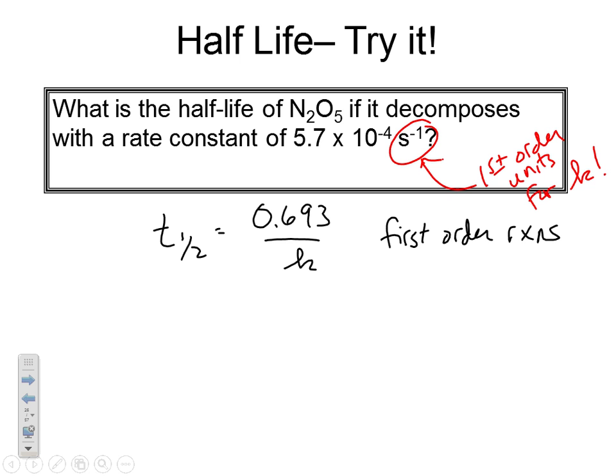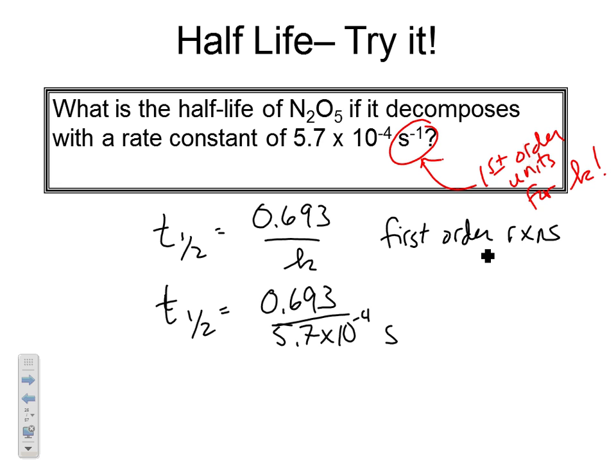So we can simply plug in T1/2 is equal to 0.693 over 5.7 times 10 to the negative 4th seconds to the negative 1st. And if you think about that unit for second, by putting per second in the denominator of a fraction, you're actually going to bring that second unit up to the numerator, and then you're just mathing it out, right?